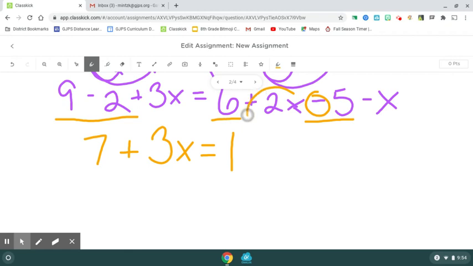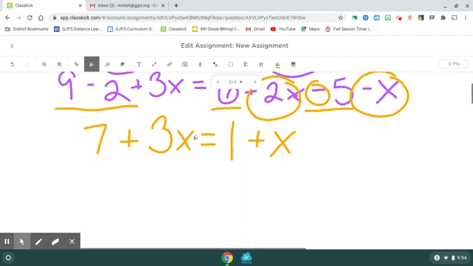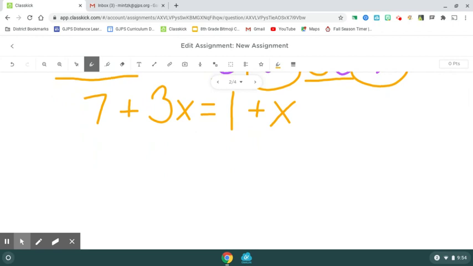I have a positive 2x and a negative x. If I add those together, I just end up with 1 positive x. That takes care of everything on my right-hand side. So I just did combining like terms in orange, and then I ended up with this equation here in orange. My next step is to solve.